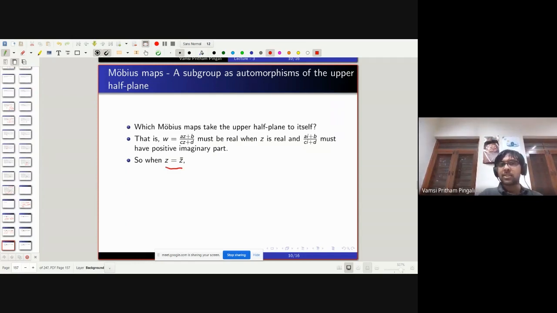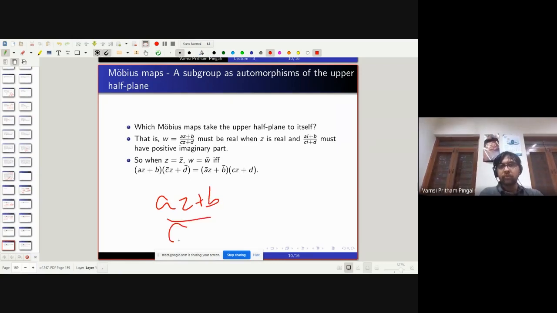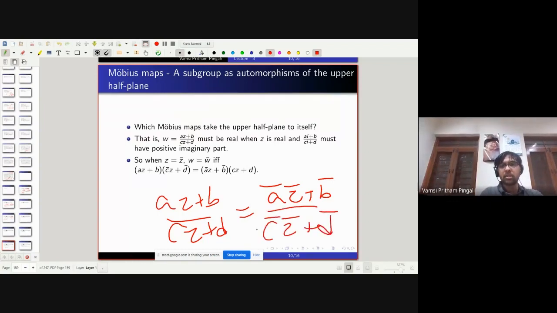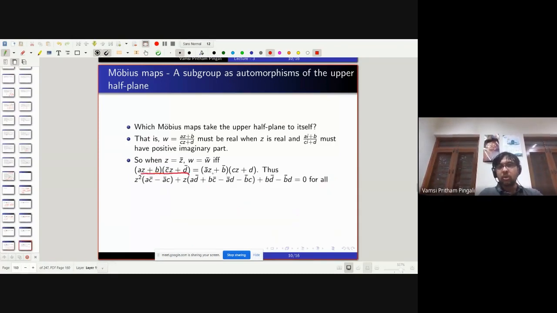So when Z is real, that means Z is Z bar, W is also real if and only if (AZ plus B) over (CZ plus D) equals (A bar Z bar plus B bar) over (C bar Z bar plus D bar). You just cross multiply these two to get this equation. When you expand this out and the dust clears, you get Z squared times something plus Z times something plus something else equals 0 for all real values of Z. Notice this is purely imaginary, like I times a real number.